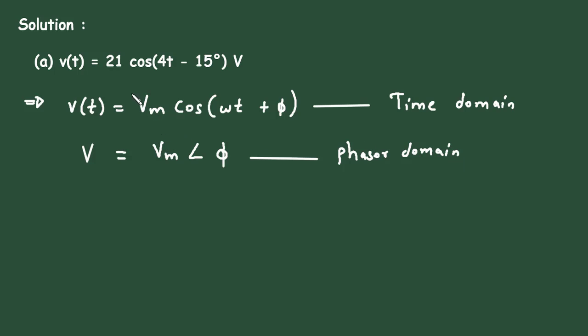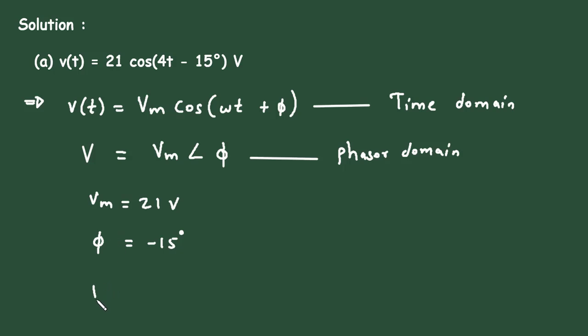So here we can see Vm is equal to 21 volts. This Vm represents the maximum voltage or amplitude, and phi is the phase angle. Here phi is equal to minus 15 degrees.